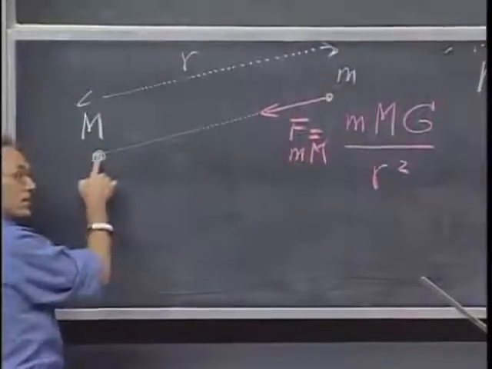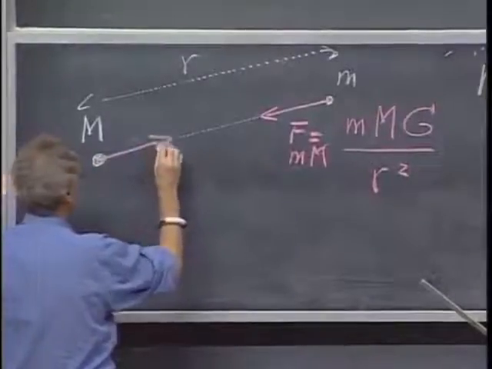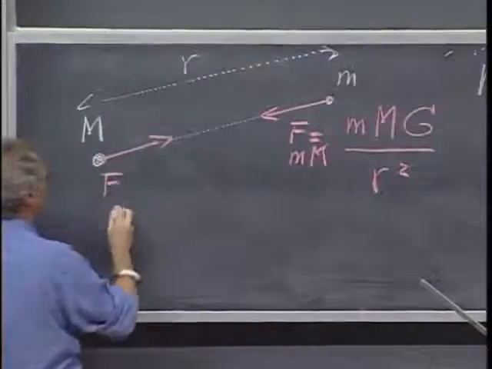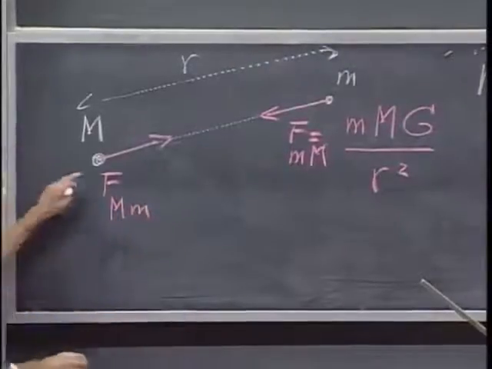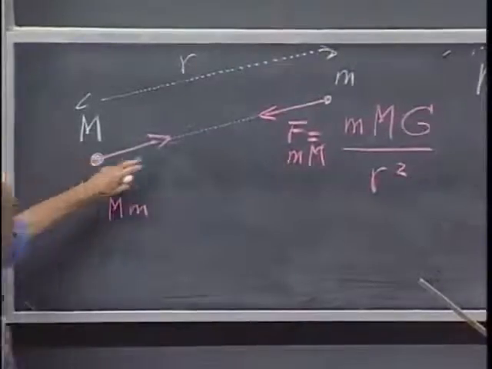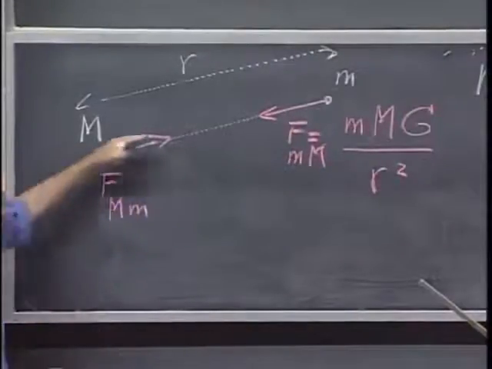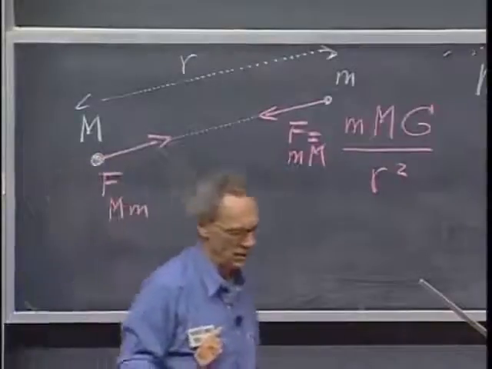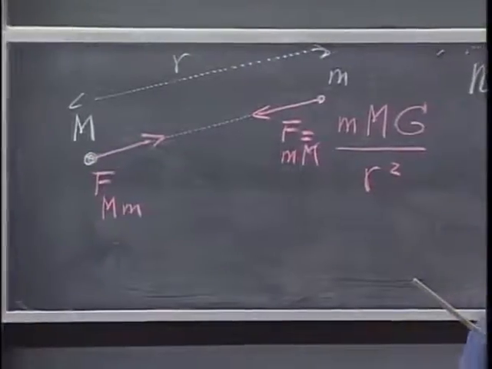Since Newton's third law holds, action equals minus reaction, this force, which I will indicate as capital M, little m, the force that this one experiences due to the presence of this one, is exactly the same in magnitude, but opposite in direction. And that is the universal law of gravity.